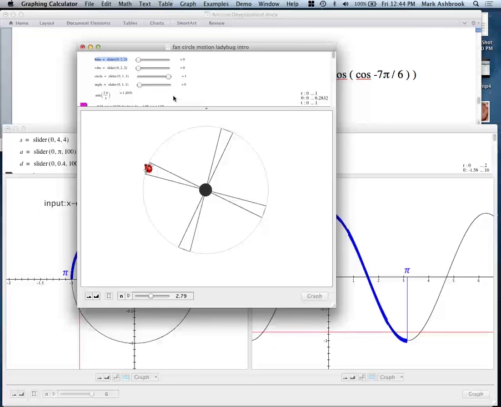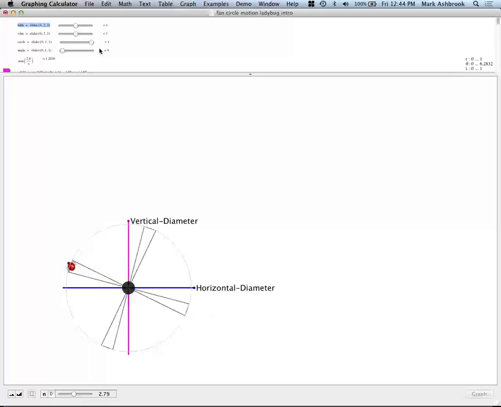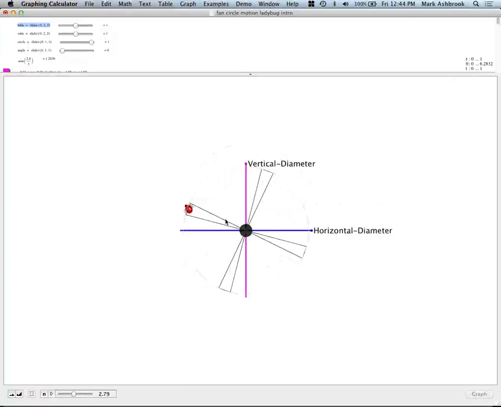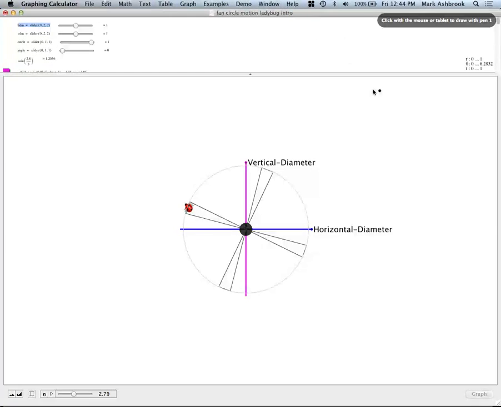So here I'm showing the fan has a radius of 2.3 feet. Okay? Fan radius is 2.3 feet.